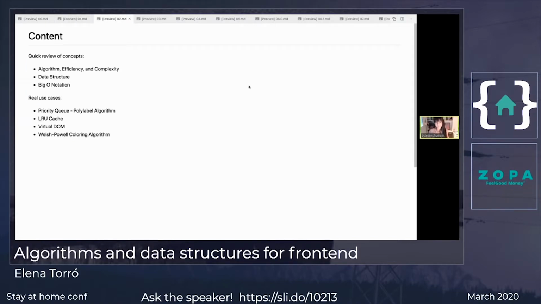So the content of this talk may seem like some kind of computer science class, but what I wanted to do is to answer a question that I've seen many times, which is, should a front-end developer know how data structures and algorithms work?